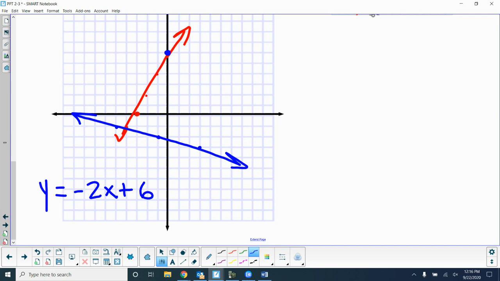And then down 2 and right 1. So it's negative 2. Looks like that. So make sure when we get to the quiz on Thursday, you do what it says. If you have to get y by itself and graph, make sure you do both. All right, make sure you get the graphs in. Questions so far?